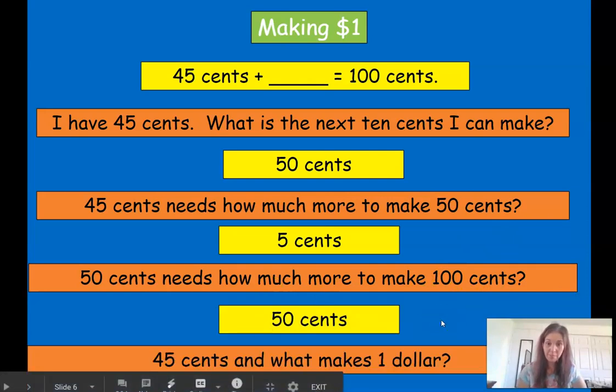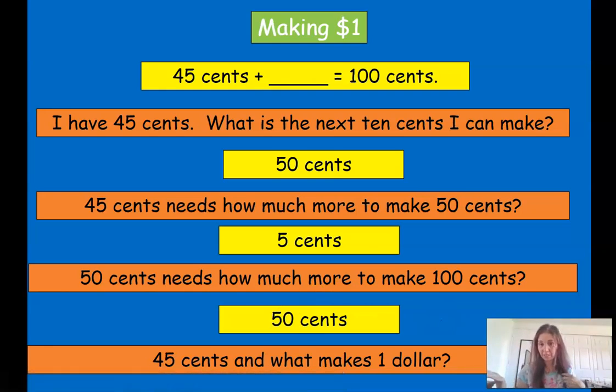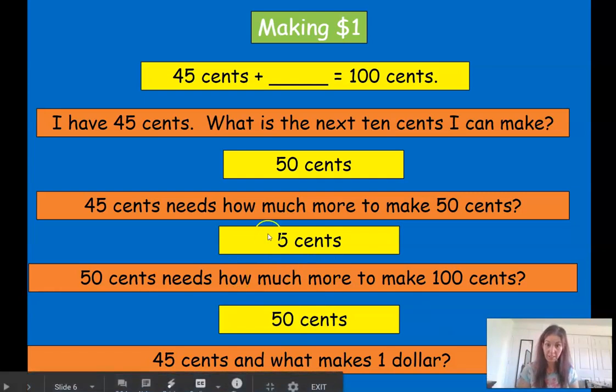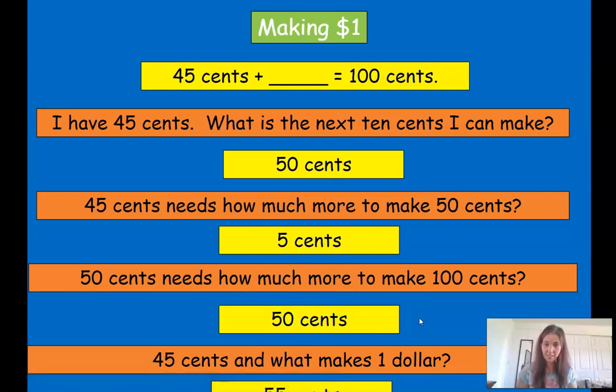Okay? So 45 cents and what make $1? We had to go 50 and we had to go 5, right? So 55 cents plus 45 cents makes the dollar.